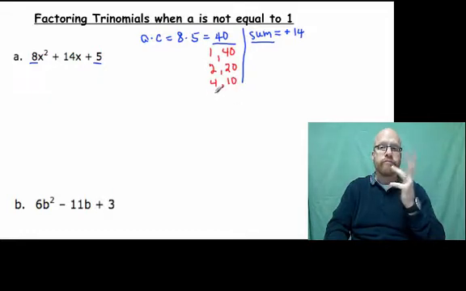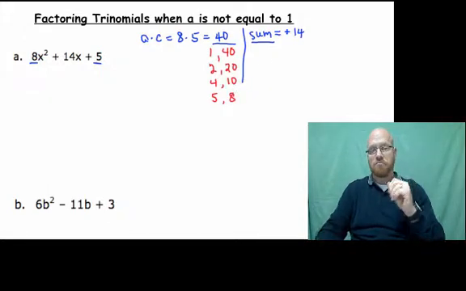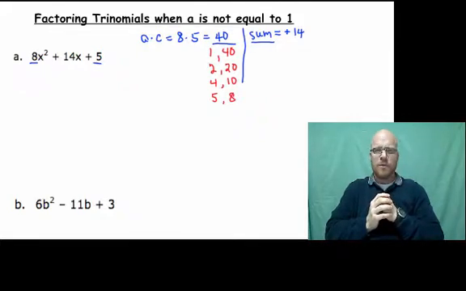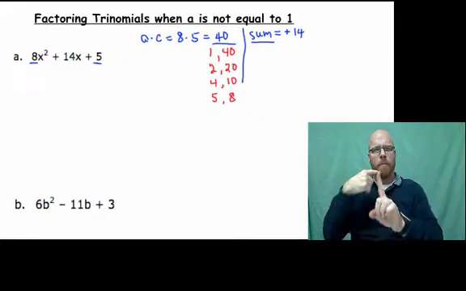And, of course, obviously 5 and 8, because we multiplied 5 times 8 to get 40. Okay, now which one would add up to be a positive 14?